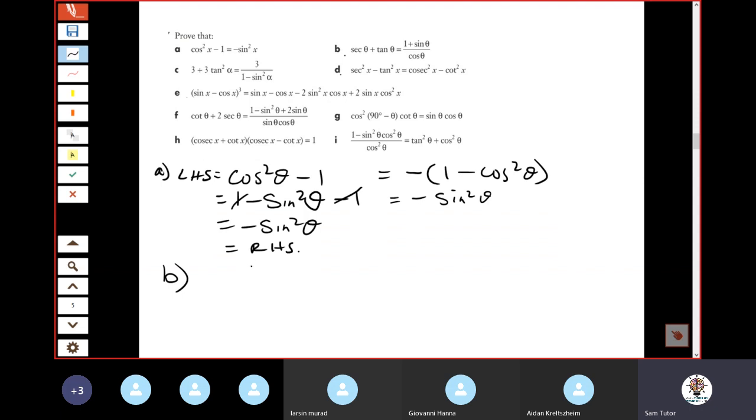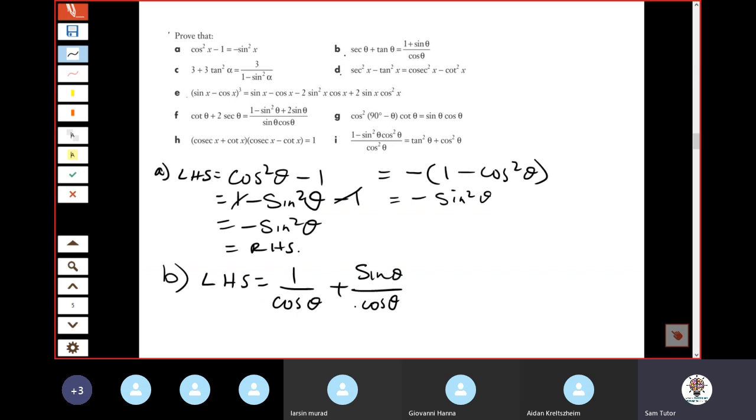B, let's try Giovanni. Let me know when you're ready. You ready for B? Sure. Okay. Sec theta would be 1 over cos theta. You're already starting to get used to it. Plus tan theta, sine theta over cos theta.